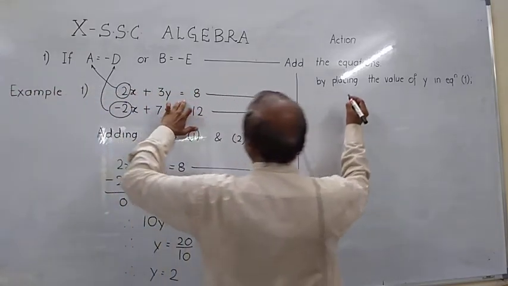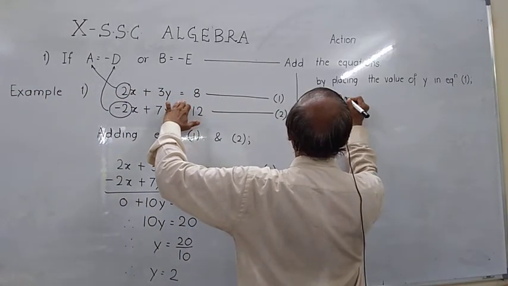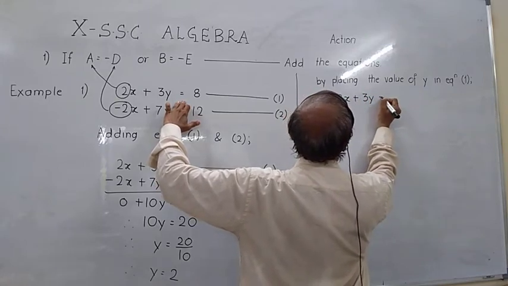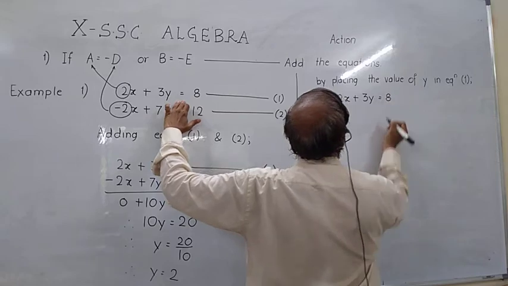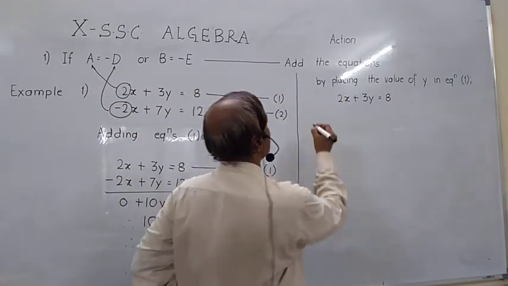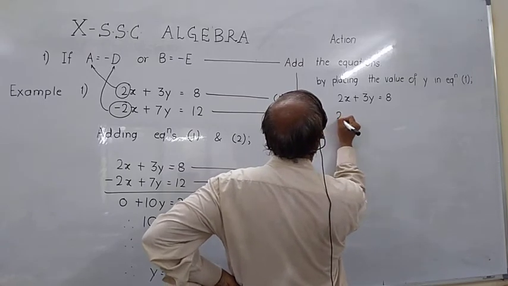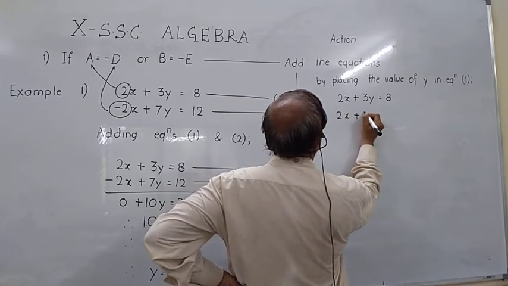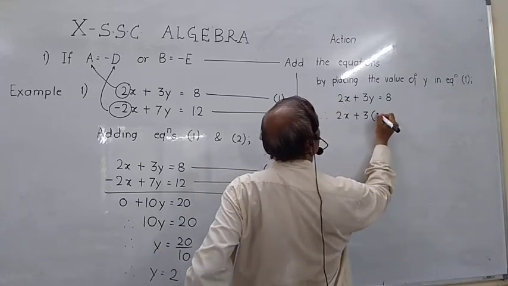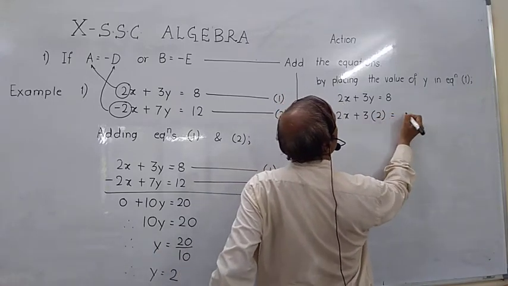So write 2x plus 3y is equal to 8. And thereafterwards you put the value of y. Therefore, 2x plus 3 into, what is the value of y? 2 is equal to 8.